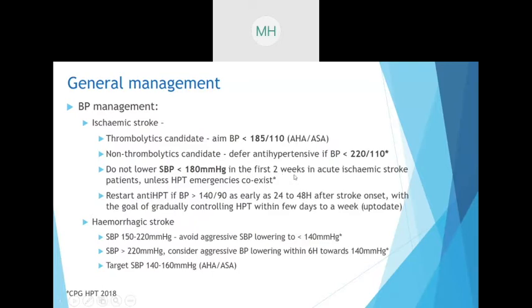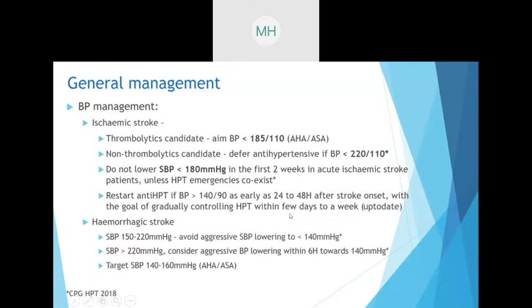And according to our CPG, actually there's a bit of discrepancy. According to our CPG of hypertension 2018, they recommend that we do not lower the SBP below 180 in the first 2 weeks in acute ischemic stroke patients unless hypertensive emergencies coexist, for example, a patient coming with APO, MI, or aortic dissection.